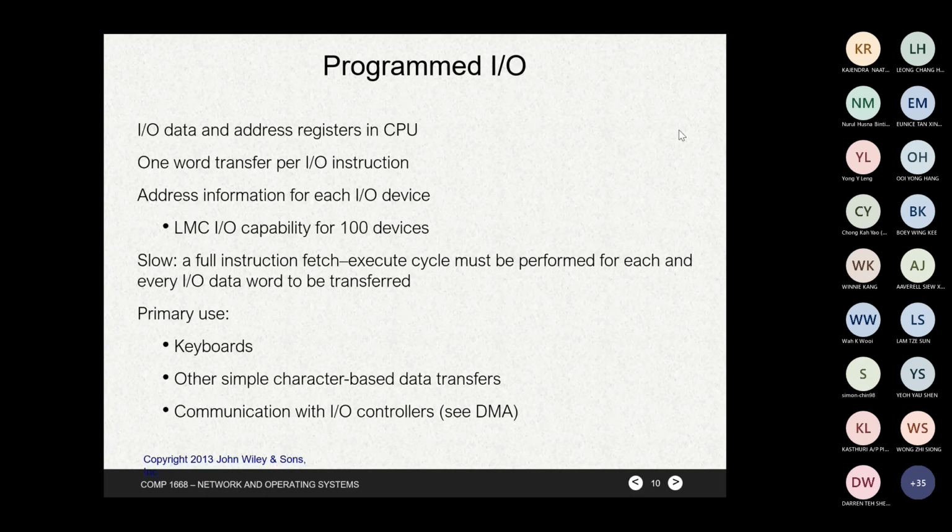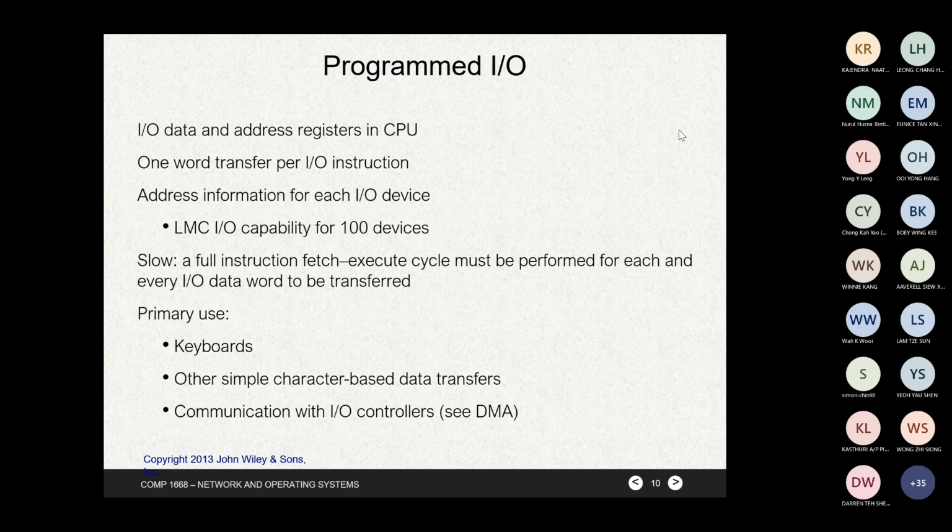R1 to R15, or R0 to R15, will be used by the system. Other basic stuff that you need to know is, for example, what is the size of one word, the size of the instruction in your system.